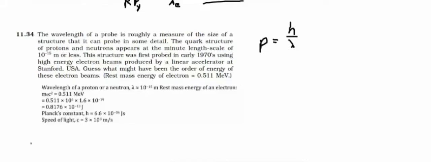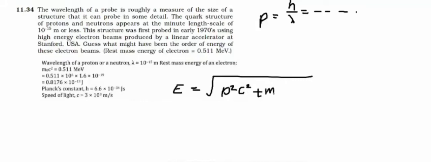Momentum we can directly calculate from there, but for the energy calculation you have to use the relativistic energy formula: E is equal to under root p square c square plus m naught square c raised to 4.